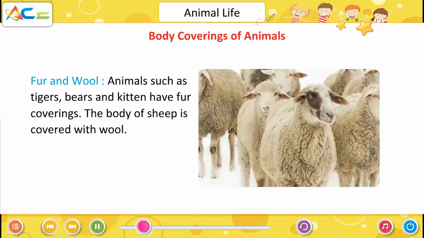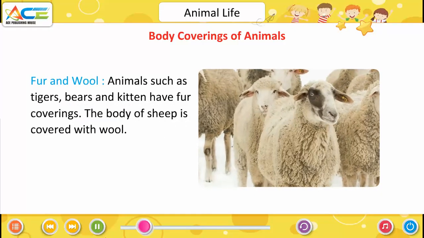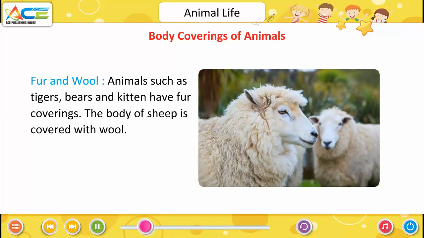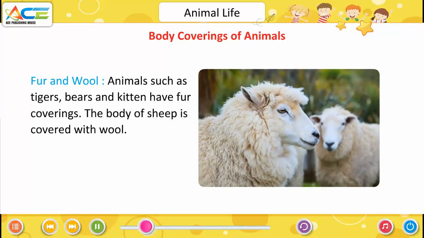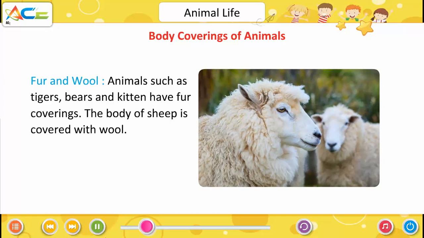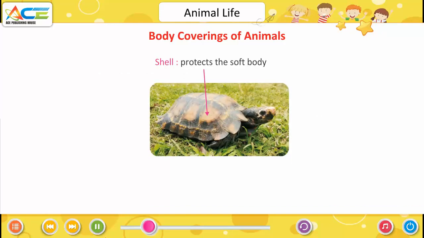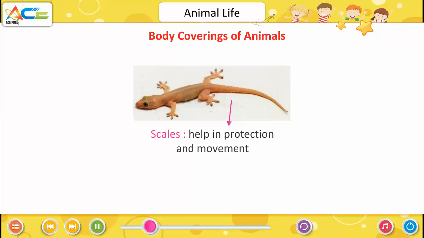Fur and wool. Animals such as tigers, bears and kittens have fur coverings. The body of a sheep is covered with wool. Wool protects from severe cold. Shell protects the soft body. Scales help in protection and movement.